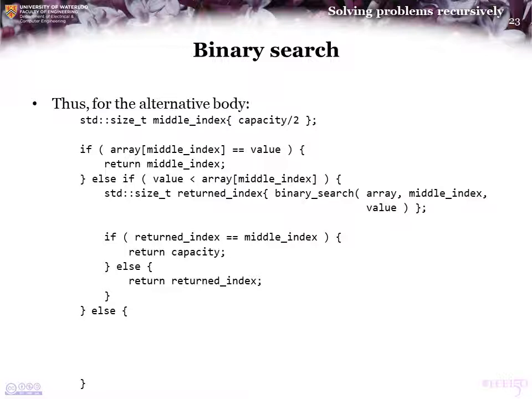The complementary alternative body of this cascading conditional statement is the situation when the array middle index entry is less than the value we're searching for.